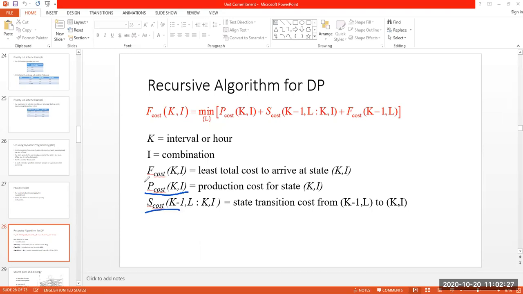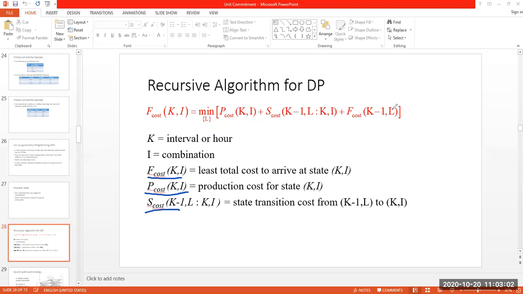And then the F cost at Ki is my least total cost to arrive at state Ki. So what is the third element on the right-hand side? This is the F cost at Ki on the left-hand side, and this is the F cost at K minus 1, L. Simply, this is the minimum cost for the previous instant for the Lth combination, whatever combination we chose.